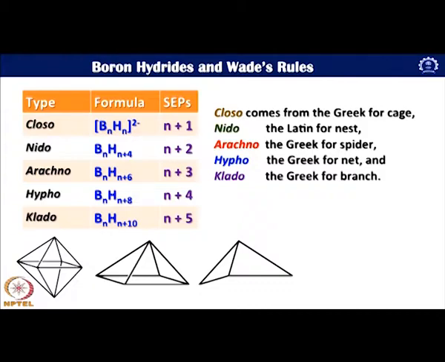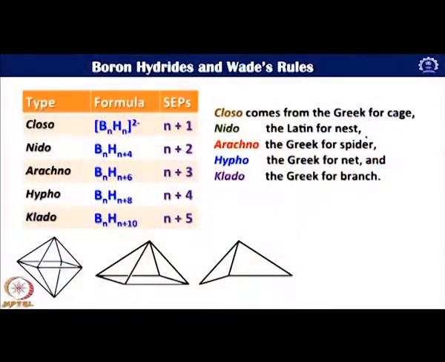Hypo and klado are rare, where you have n minus 3 boron atoms and n minus 4 boron atoms respectively. We do not have any examples among boron hydrides for these two cases.